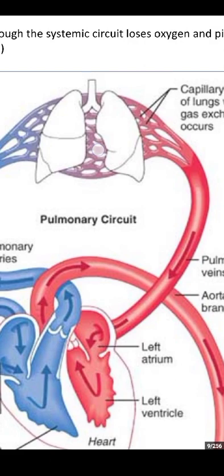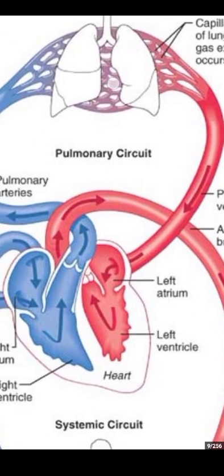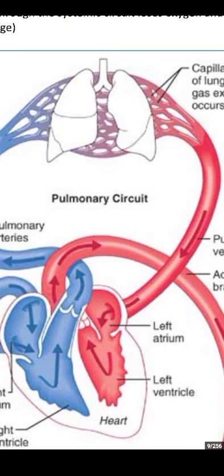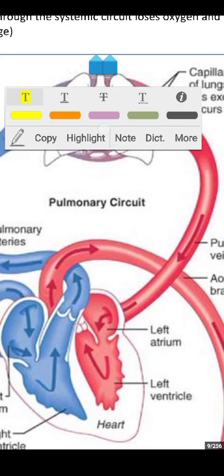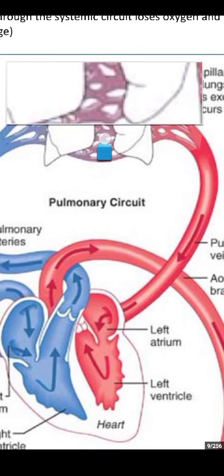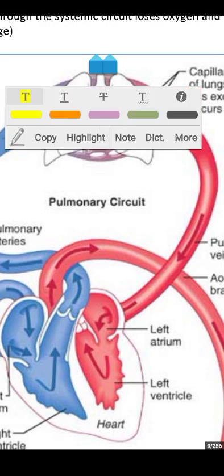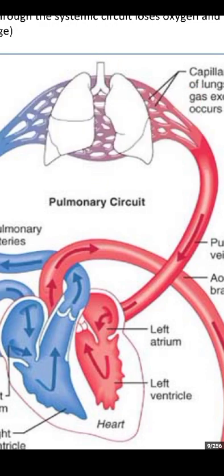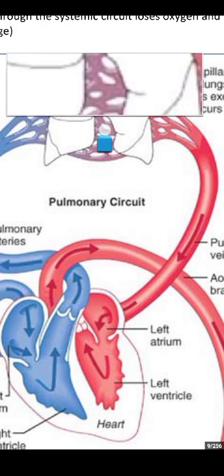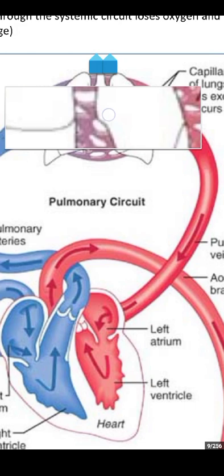In this image the heart is positioned here, but the location of the heart is between the lungs. From this position you can see both the pulmonary artery and the pulmonary veins situated anterior and posterior to the heart.